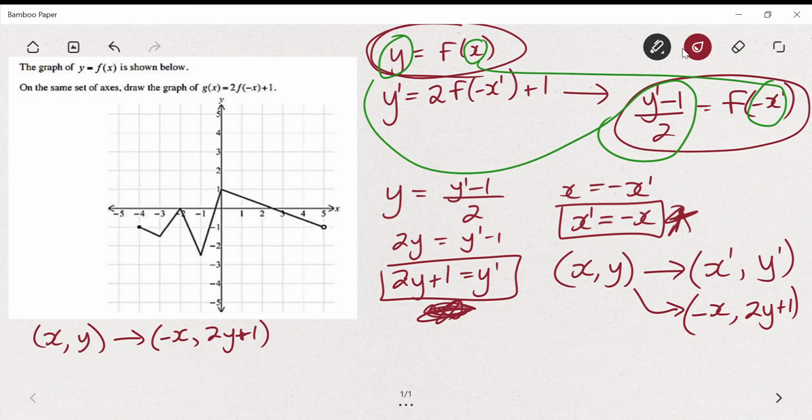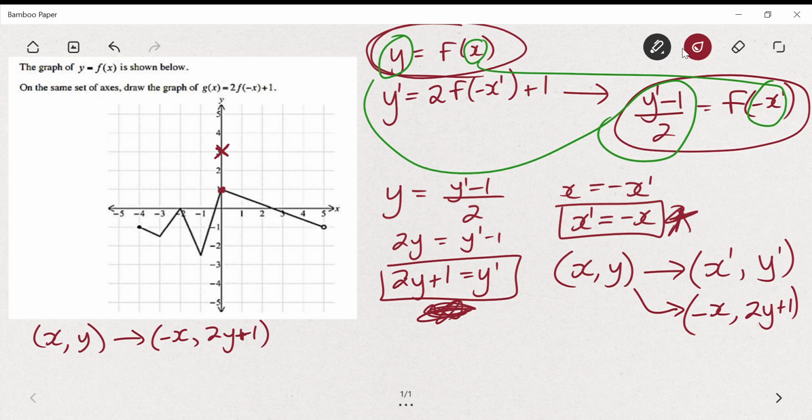So let's take this point, for example, reflecting it in the y-axis, not a problem, just stays where it is. Now we need to double its distance from the x-axis and go up 1. So double its distance gets it to there and up 1, and it's now plotted right there. So the crosses are going to be my new graph.